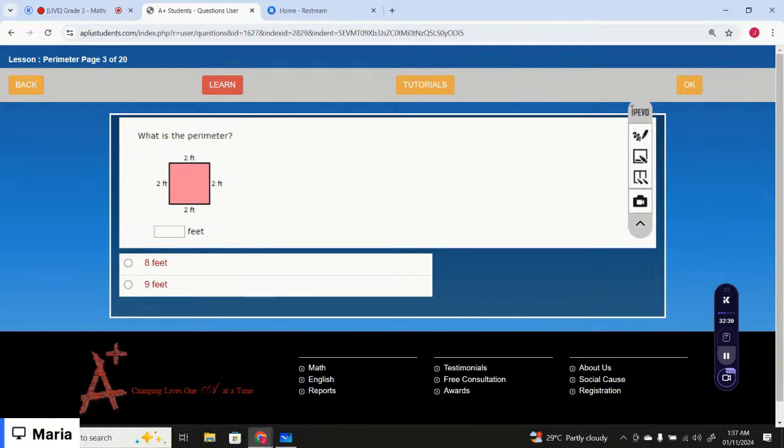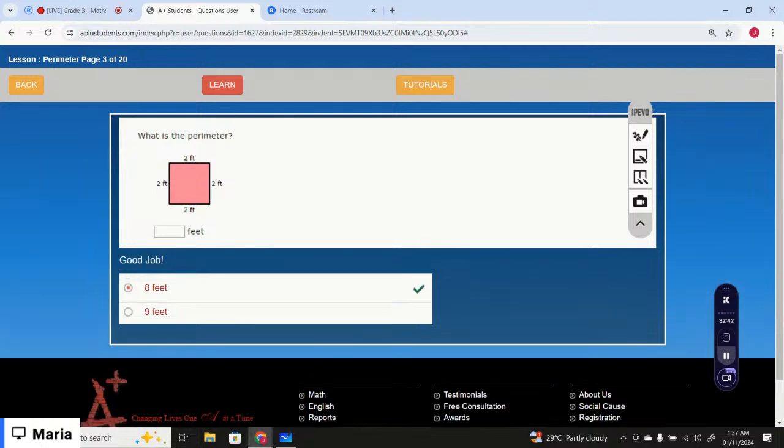Very good. That is 8 feet. Option number 1 is the correct option.